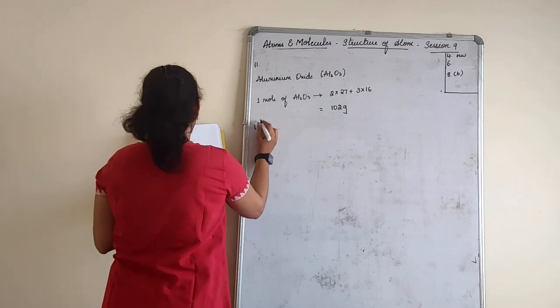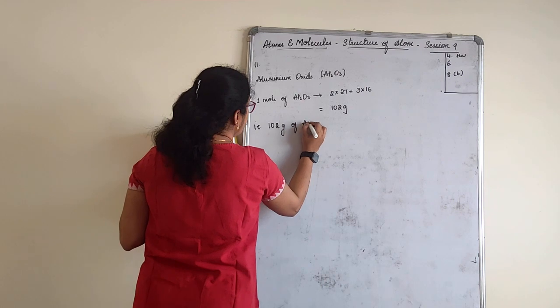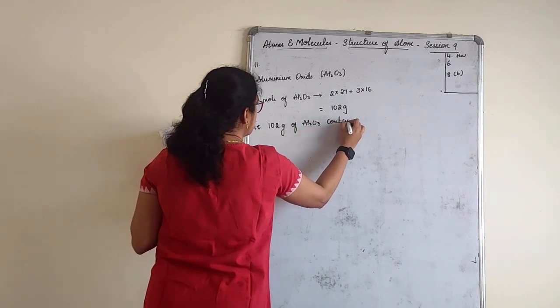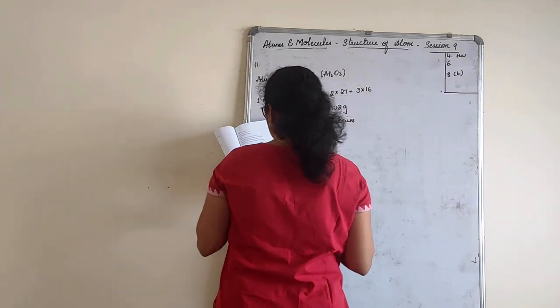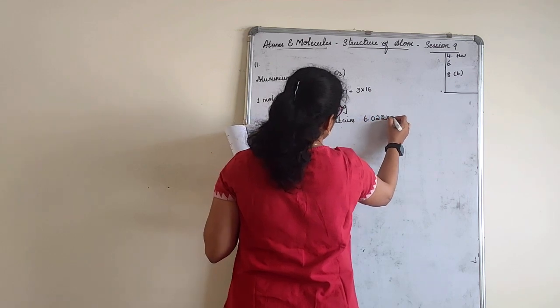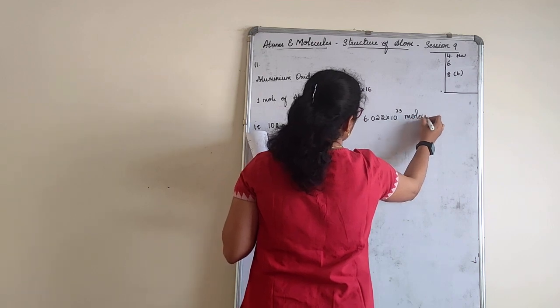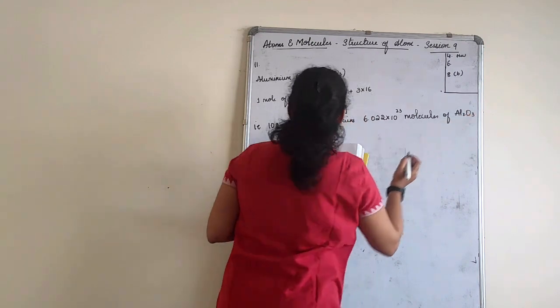That is, 102 grams of aluminium oxide contains 6.022 into 10 raised to 23 molecules of Al2O3.